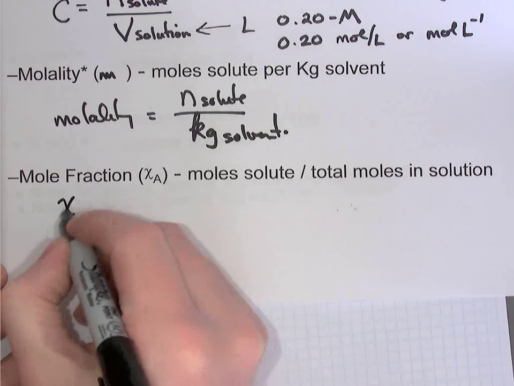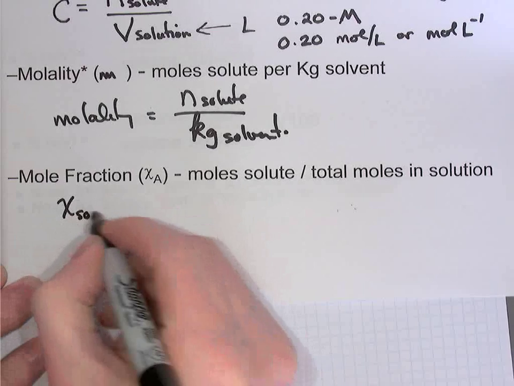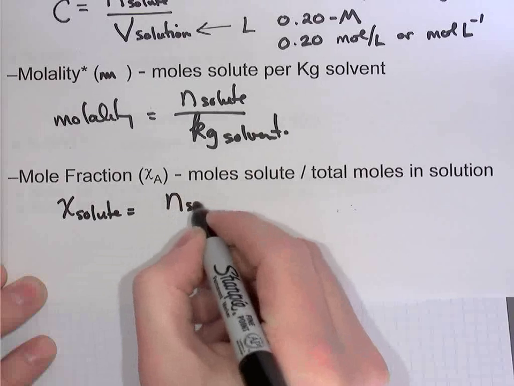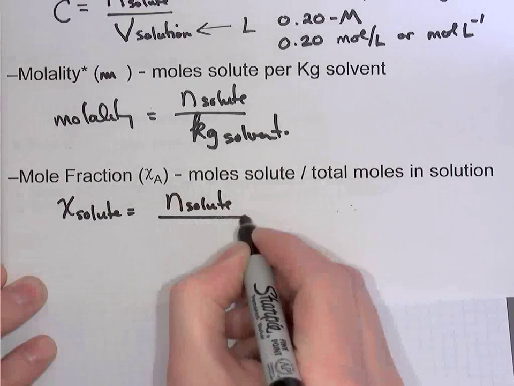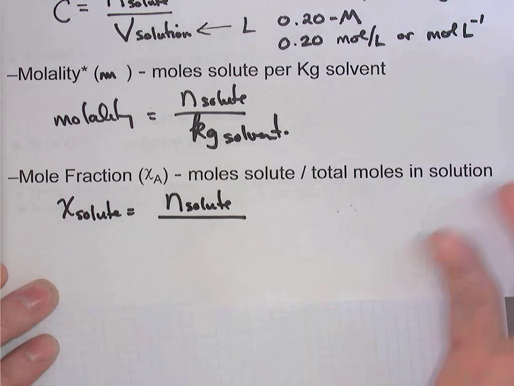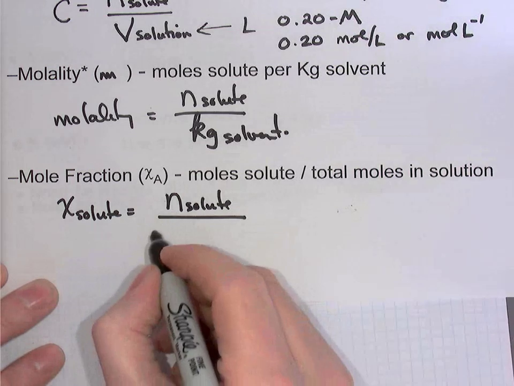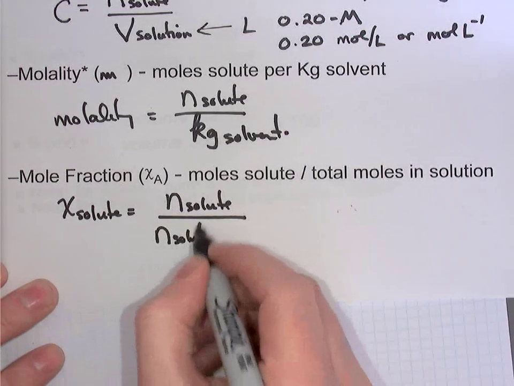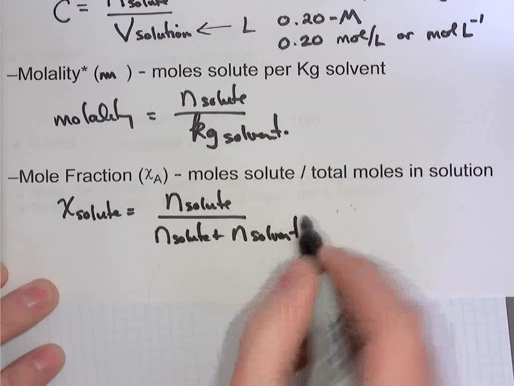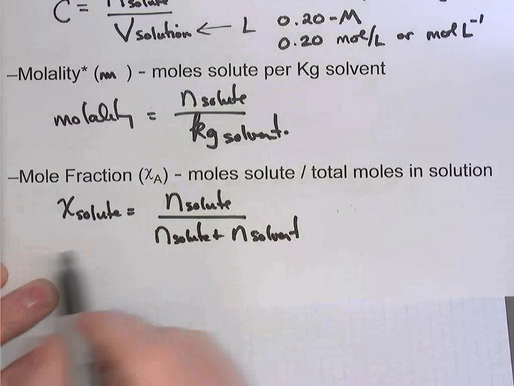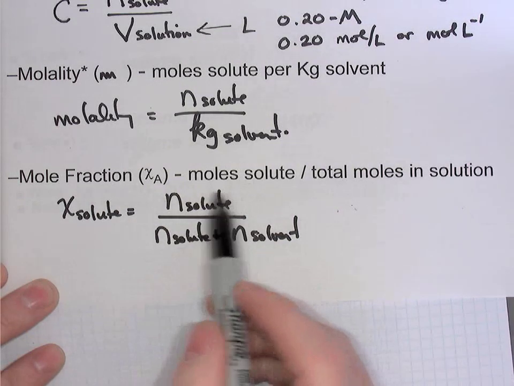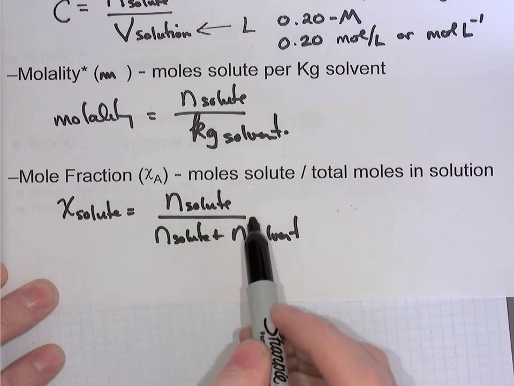For example, more clearly in a formula, the mole fraction of the solute would be the moles of the solute divided by the total moles in solution. If we assume there's only one solute and one solvent, then moles of solute plus moles of solvent. Now you could calculate the mole fraction of solvent in exactly the same way. Just replace the numerator with moles of solvent.